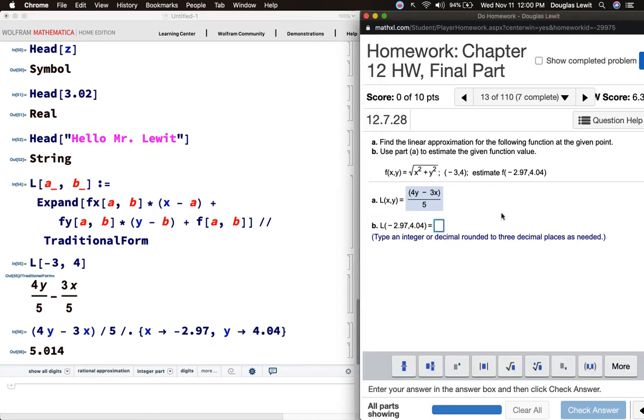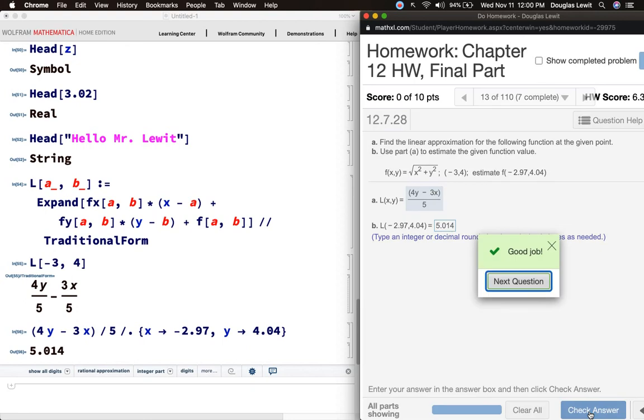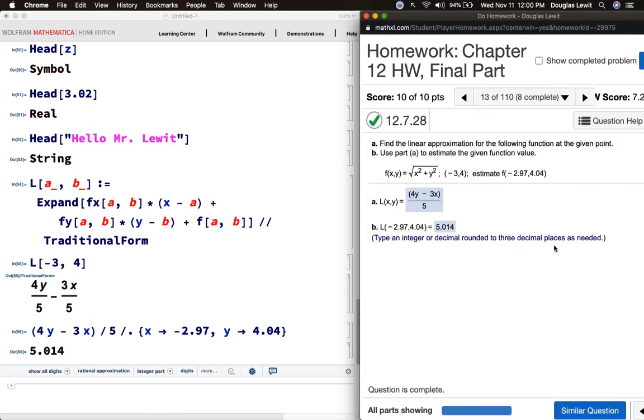And the answer should be 5.014. It should be correct. Okay, pretty simple.